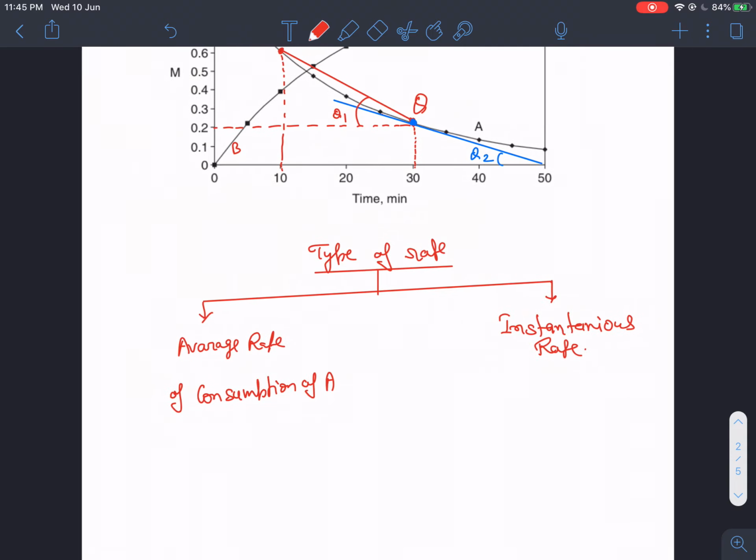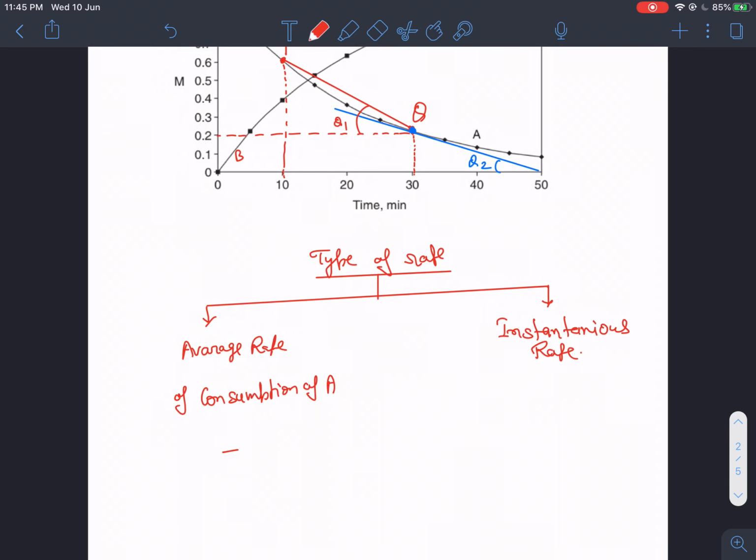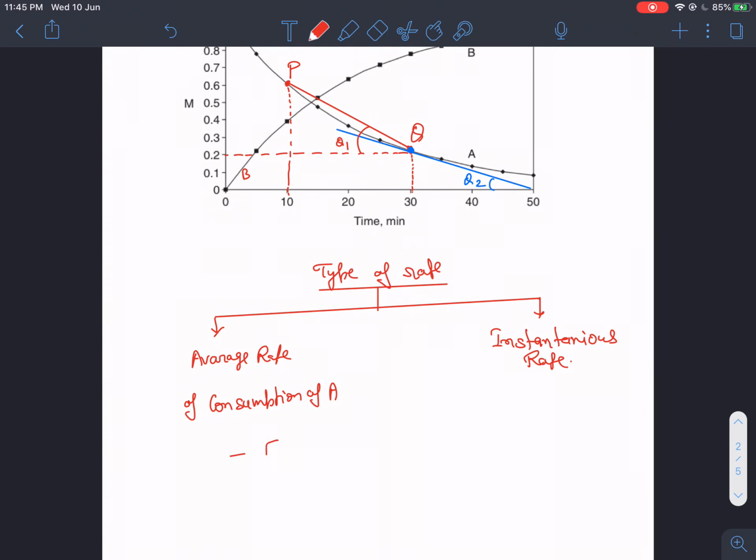If you are going to talk about the average rate of consumption of A, then it is basically minus the concentration of A at T equal to 30 minutes minus the concentration of A at T equal to 10 minutes, and the whole divided by 30 minus 10.